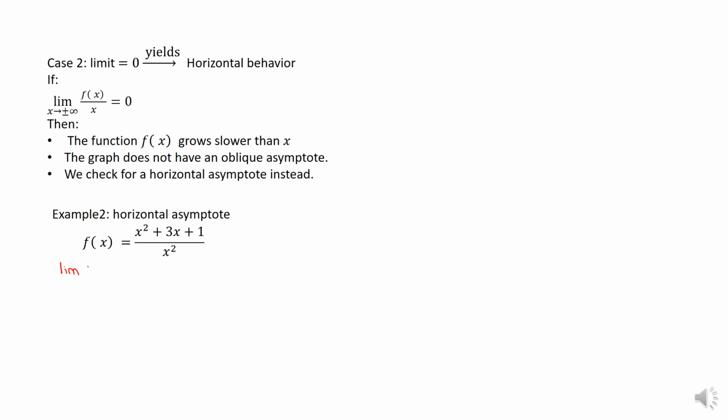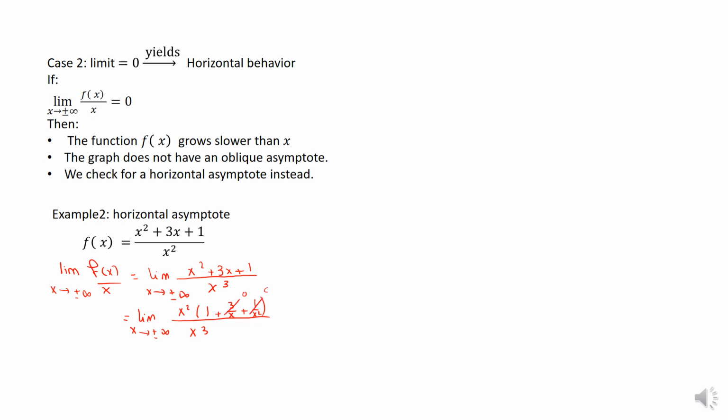So the limit of f of x over x as x tends to plus or minus infinity will be equal to the limit of x squared plus 3x plus 1 over x cubed, taking the common factor. It is the limit as x tends to plus or minus infinity, x squared common factor, the highest degree monomial, times 1 plus 3 over x plus 1 over x squared, over x to the power 3.